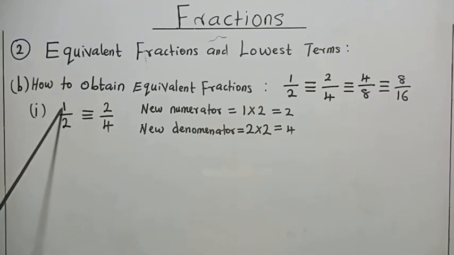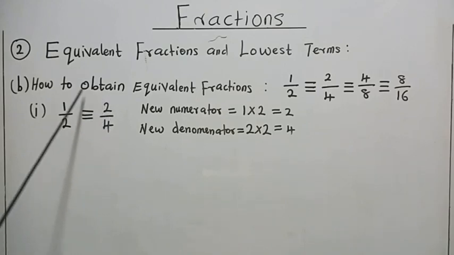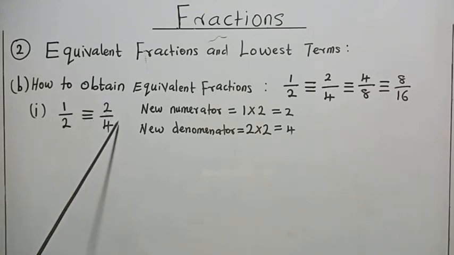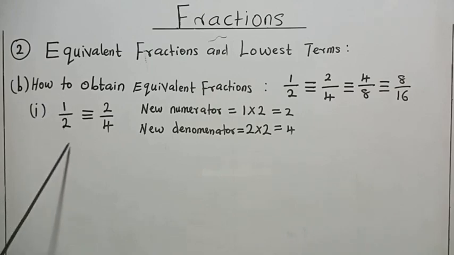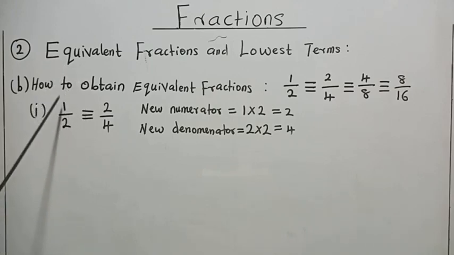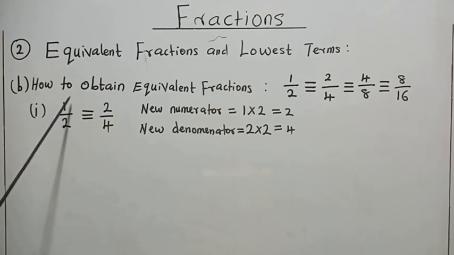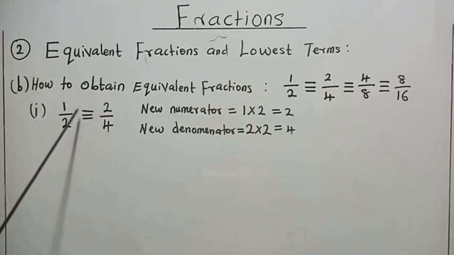It is this 1 that turned into 2. It is this 2 that turned into 4. Something must have happened to this 1 to make it become 2, and something should happen to this 2 to make it become 4.